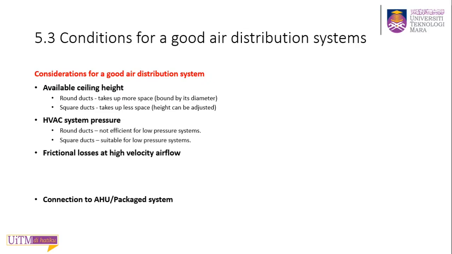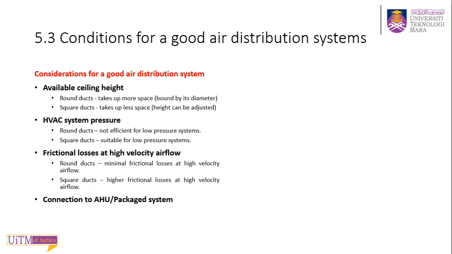For HVAC system pressure, round ducts will not be efficient for low pressure systems, while square ducts will be suitable for low pressure systems. For potential frictional losses, using round ducts will cause minimal frictional losses at high velocity airflow, while using square ducts will cause higher frictional losses at high velocity airflow because square ducts have sharp edges at the corners.